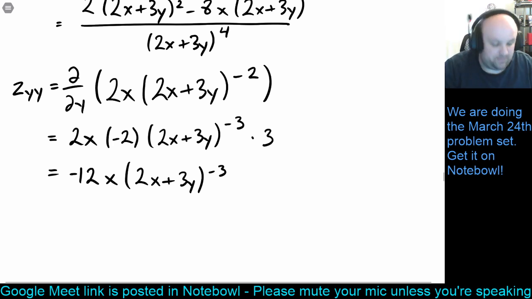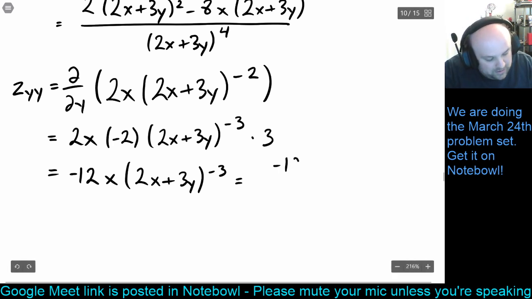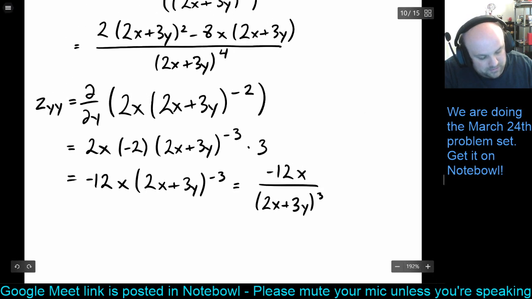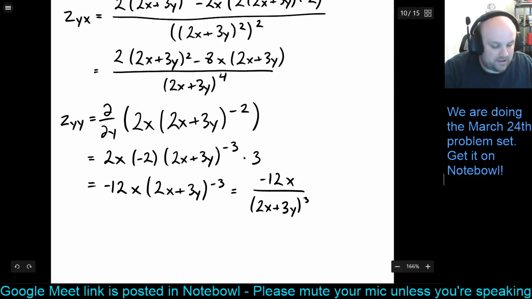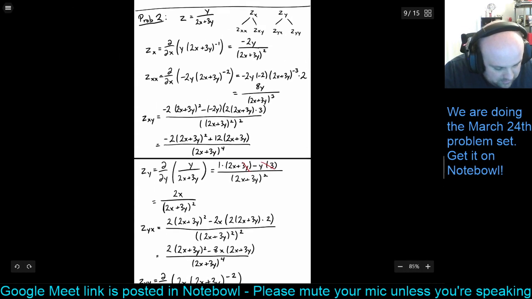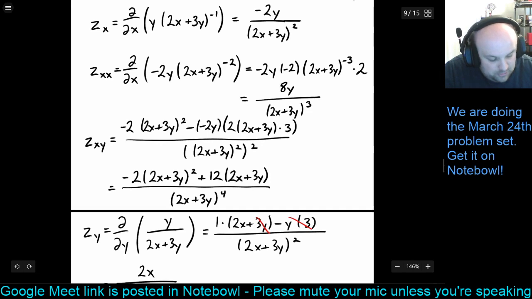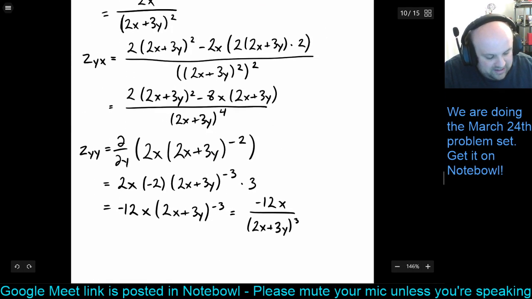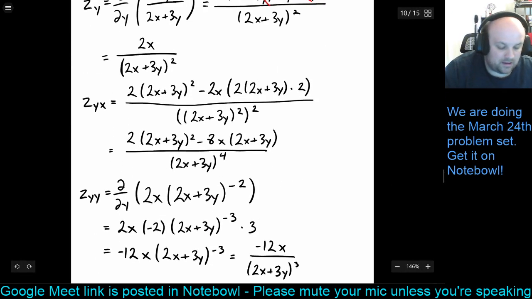Or, if you want, you can put that stuff back on the bottom, if that looks better to you. And both of these, u_xx has this cube on the bottom, u_yy has this cube on the bottom.